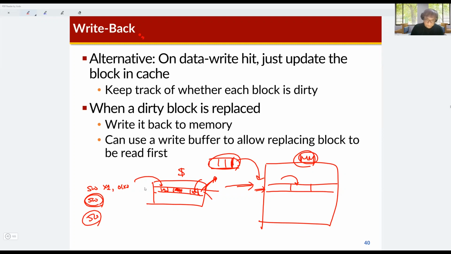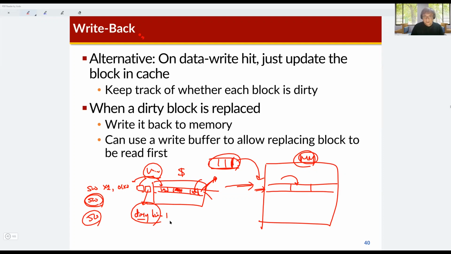In order to implement the write-back method, we need to mark whether this cache line is updated or not. This flag is called the dirty bit. We learned about the valid bit for the cache line, and this is another flag for the cache line. Dirty bit means that if this cache line is updated by a store instruction, the dirty bit becomes 1.